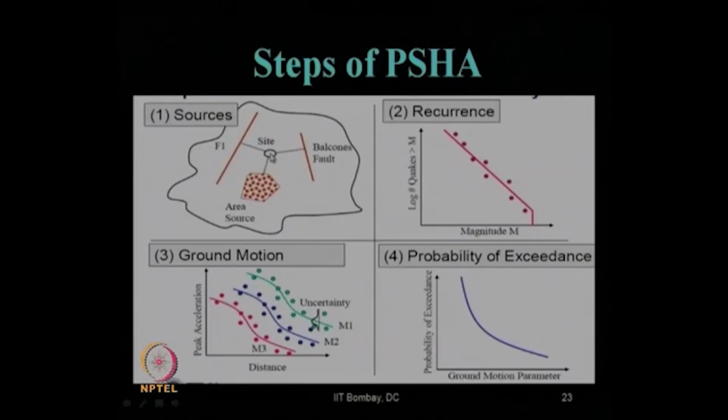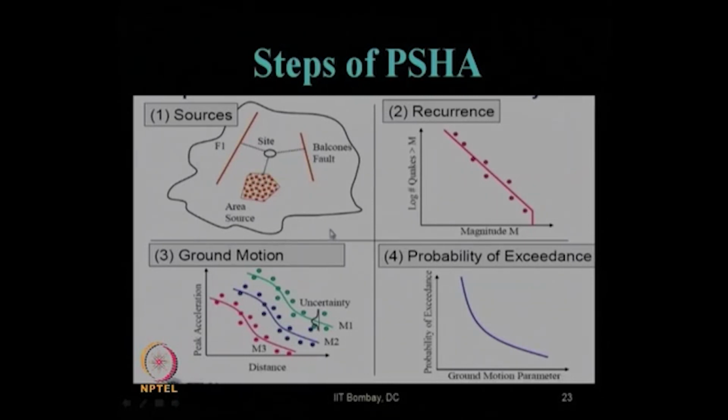For that, again from the site you can find out the zone, that is, up to which boundary you should consider the faults. In this case also you can apply the same logic we used for DSHA, that is, the maximum magnitude with maximum distance based on our threshold parameter of interest.